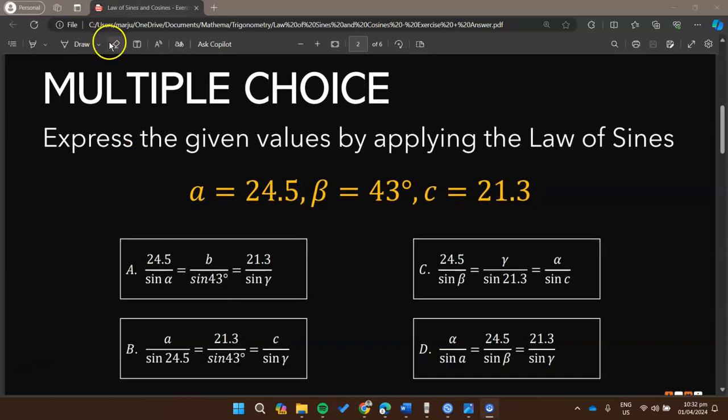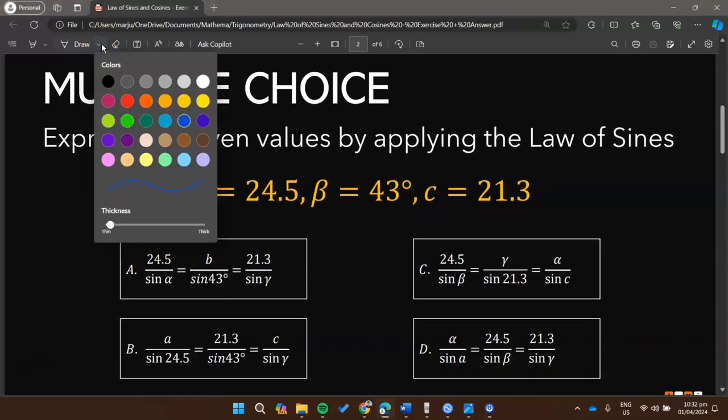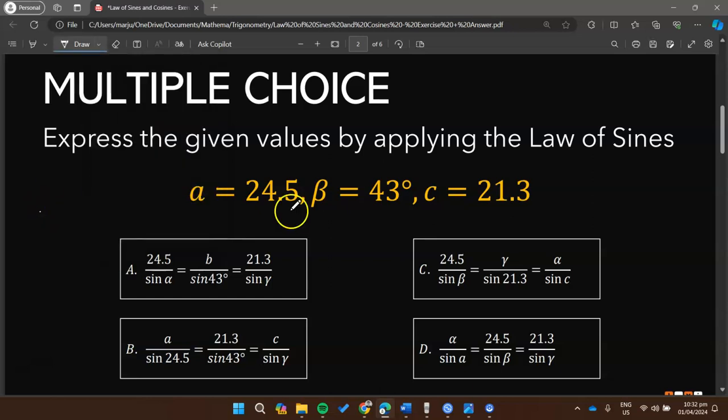So we are asked again to express the given values by applying the law of sine.